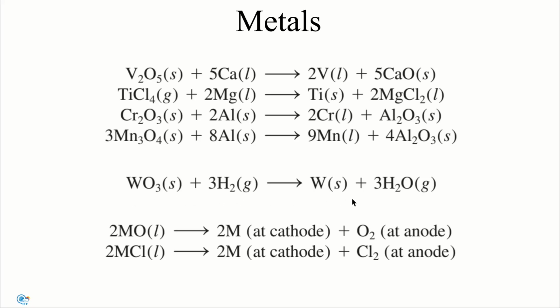Electrolytic reduction is suitable for very electropositive metals such as sodium, magnesium, and aluminum. The process is usually carried out on the anhydrous molten oxide or halide of the metal. This is a general process.